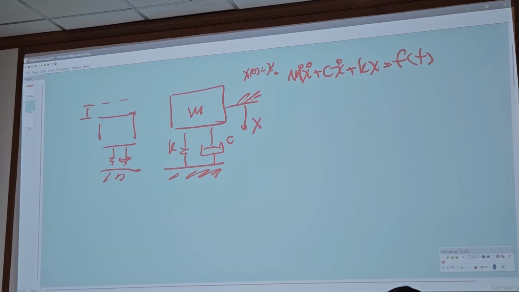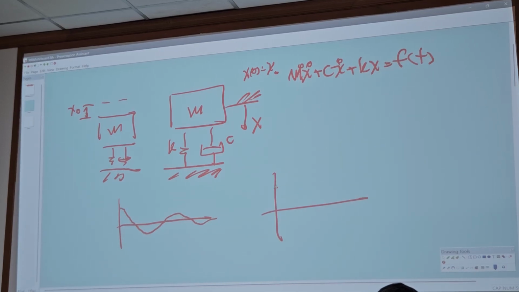This is the initial condition. If you release your hand, what should it be? X. Can it be this one?